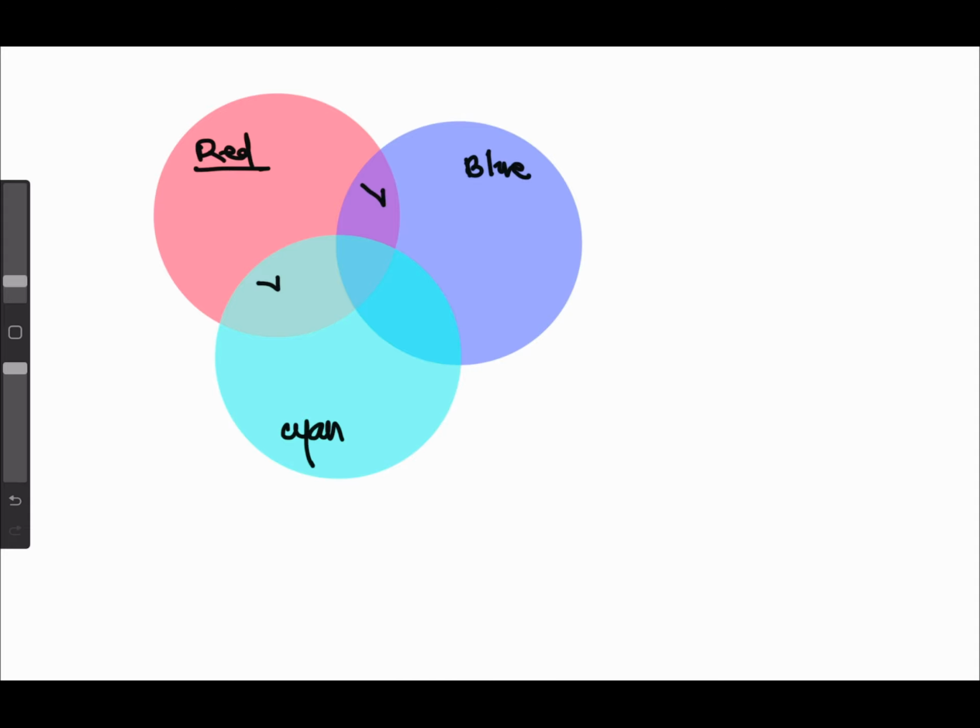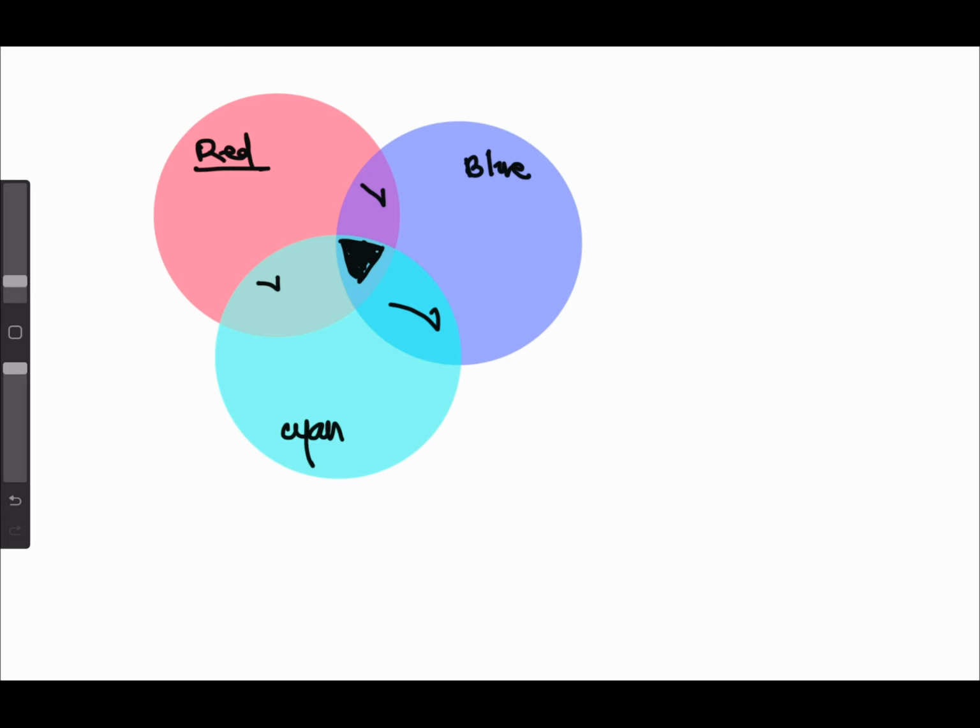This part shows both the characteristics of red and blue. This part shows both the characteristics of blue and cyan. But this part shows the characteristics of blue, red and cyan.